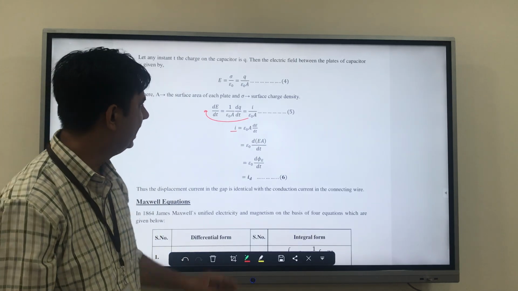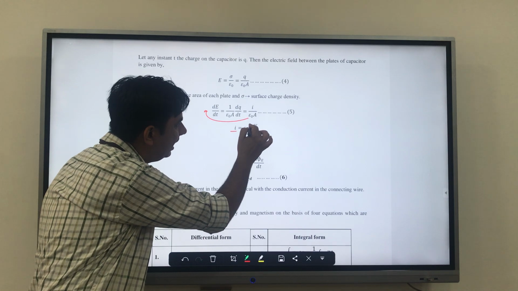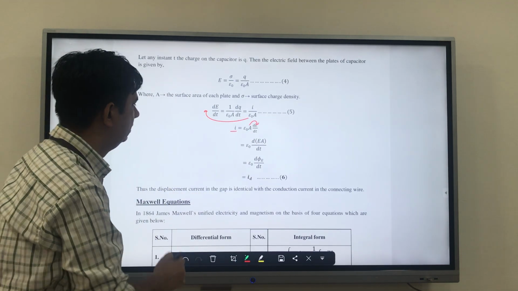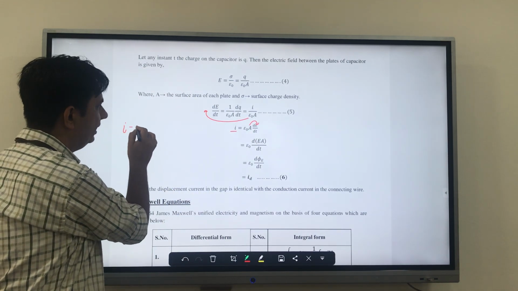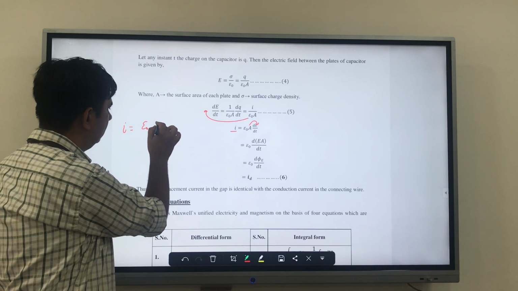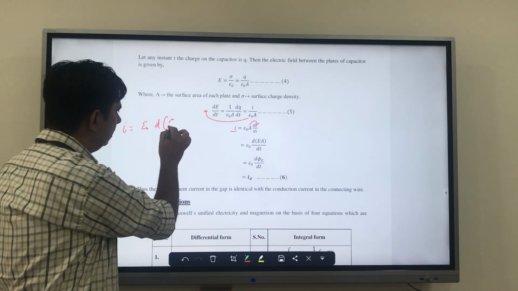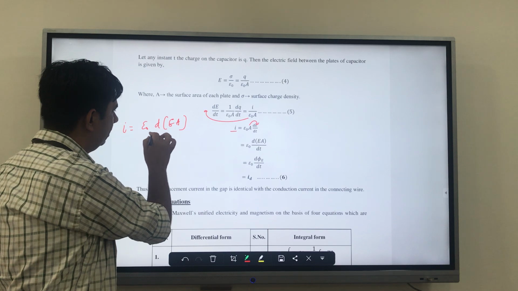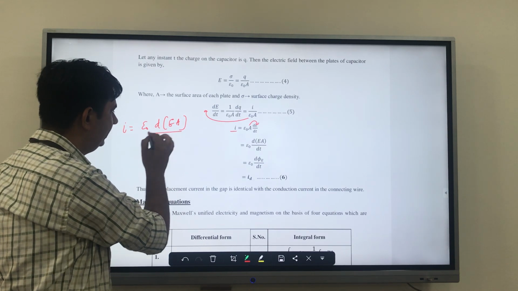Now take this I inside it. He said I equals epsilon naught d(EA) by dt.